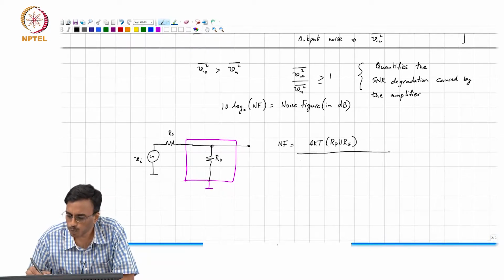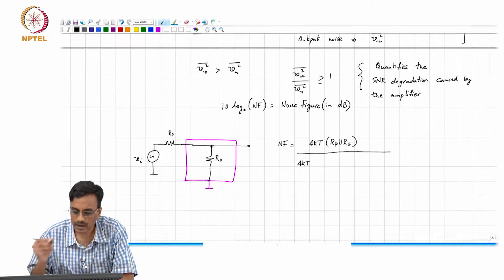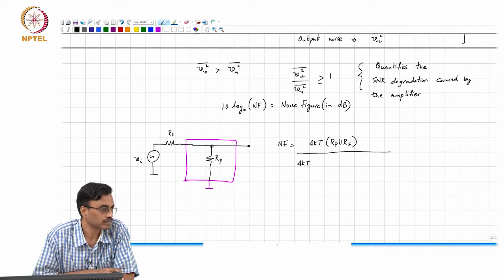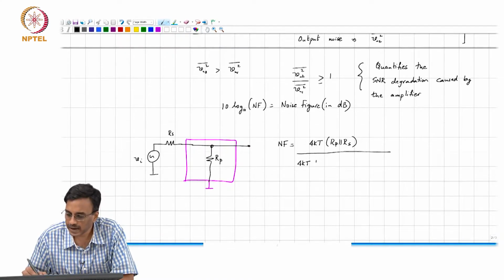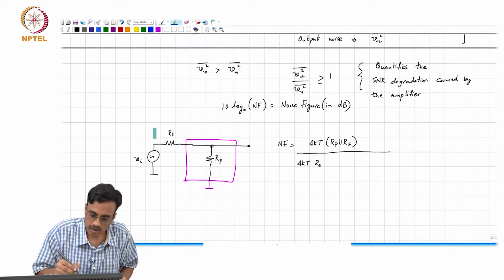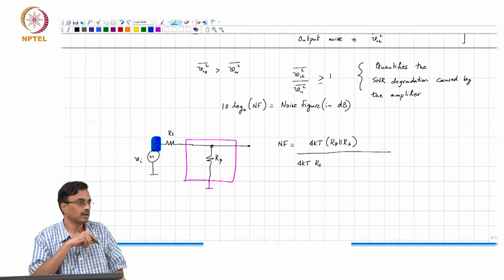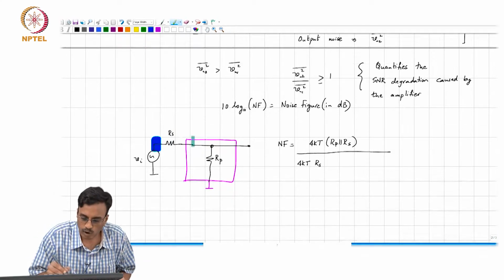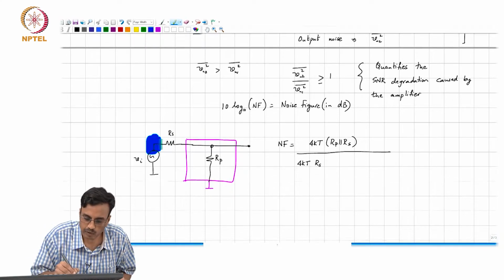Now, what would be the output noise spectral density? It is 4 kT times Rs, that is the noise spectral density of this resistor, right. And what is the transfer function from this noise source to the output?